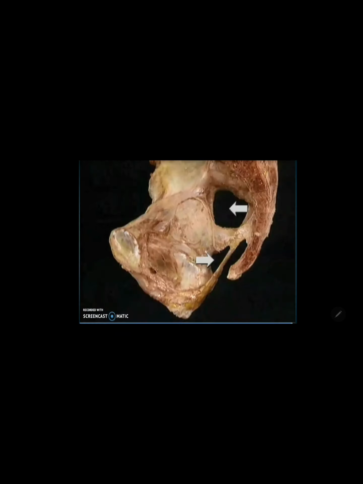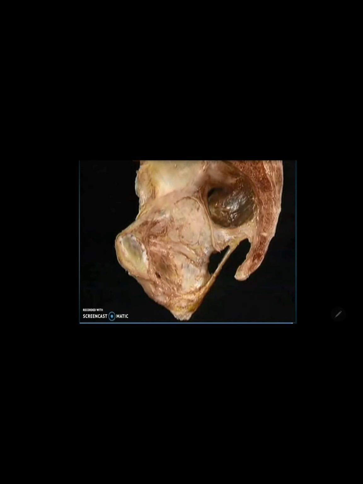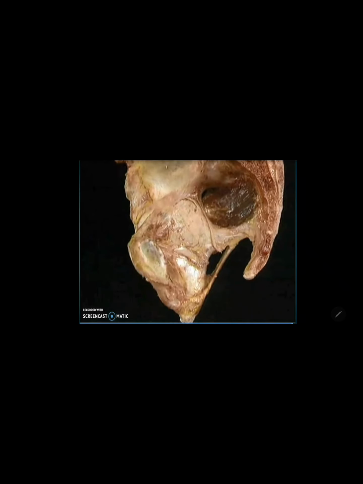And here you will see the urogenital diaphragm. So let us see here. You are seeing the sagittal section of the pelvis with the piriformis coming from the sacrum and leaving the pelvic cavity via the greater sciatic foramen.